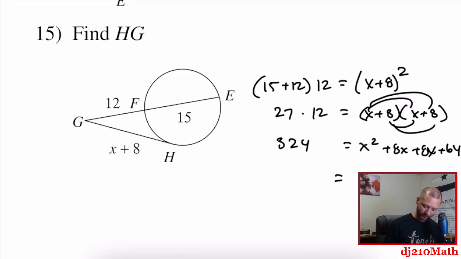So let's combine the right-hand side. 8 and 8 is 16 plus 64. We have to subtract 324 from both sides. So 64 minus 324 is 260.